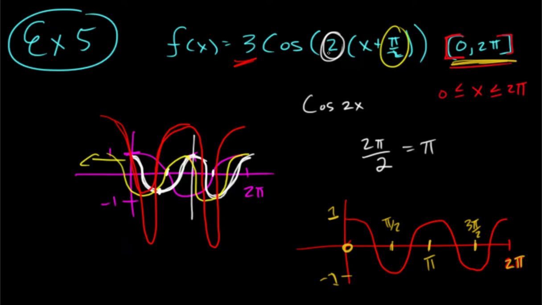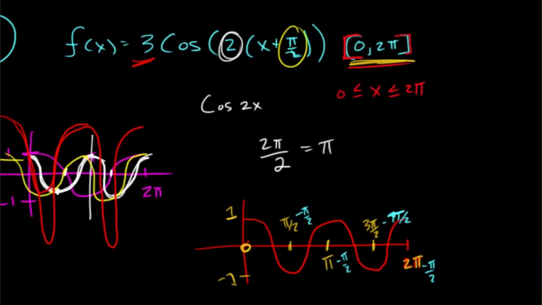Okay, from here on out, when we're shifting it left, we're just going to subtract pi halves from each of these pieces. We can draw it a little bit further to make sure we get to the 2 pi.